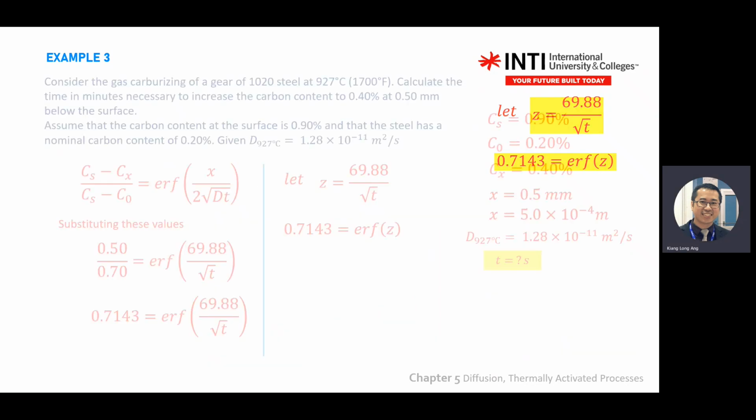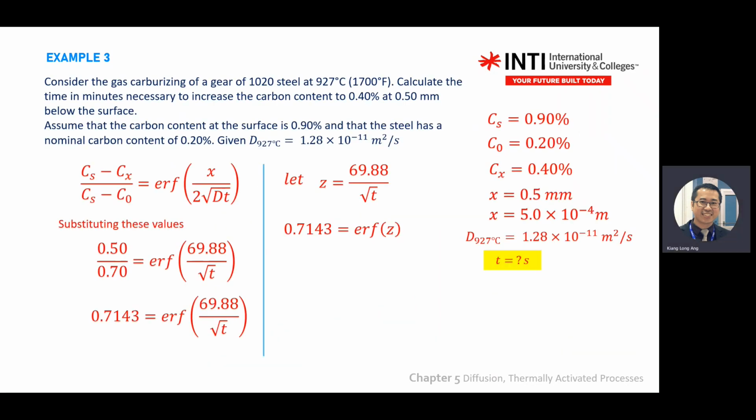69.88, you substitute. What is your X? Your X is 5.1 times 10 power negative 4 divided by 2. And your D value is what? 1.28 times 10 power negative 11. But this is square root number. You square root this number. You divide your X again.